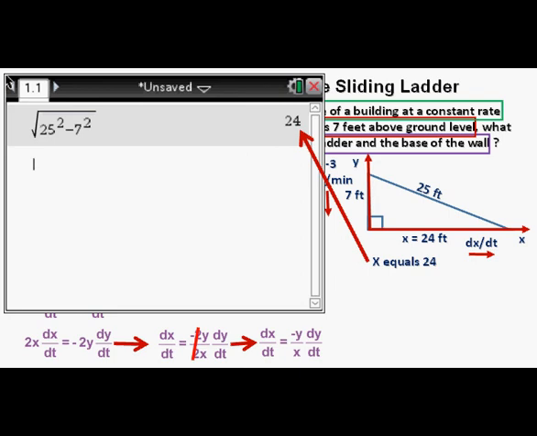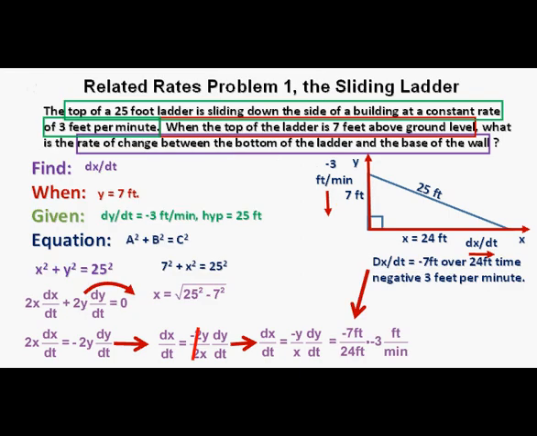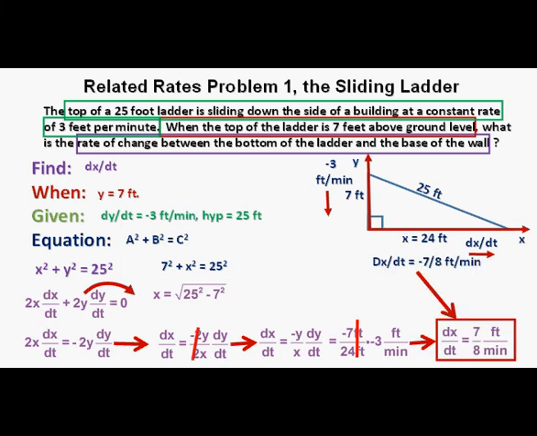So we now have everything we need to put in our equation to solve for dx/dt. We have negative 7 feet over 24 feet times negative 3 feet per minute. Feet over feet cancel to equal 1, so the units cancel out. We box in our correct answer. dx/dt equals 7/8 feet per minute.